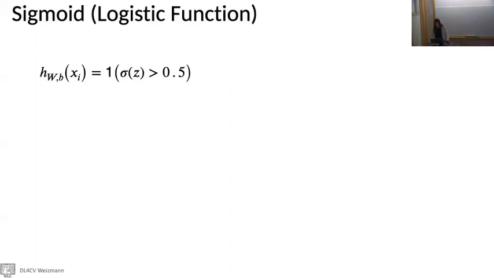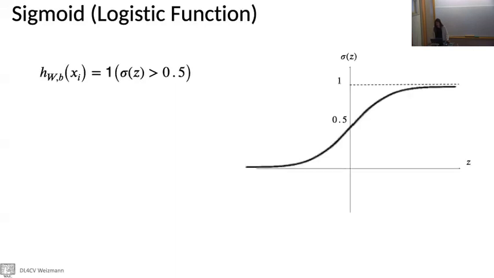As we recall, this is our hypothesis, our predictor, and the indicator function says one, we classify that as one, if and only if the sigmoid of z is greater than half, and this only happens if z is greater than 0.